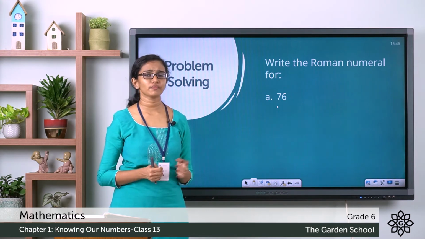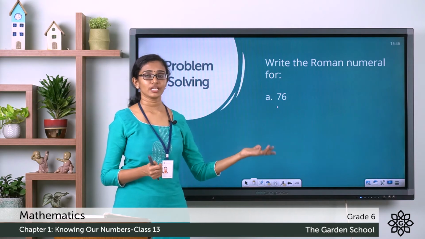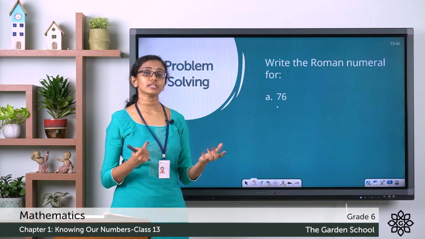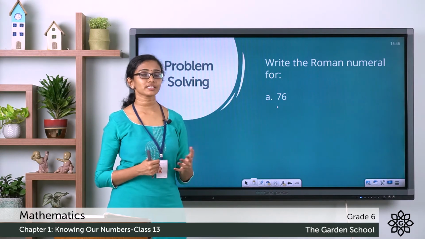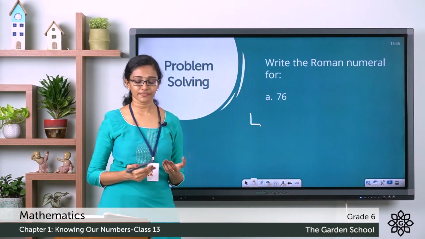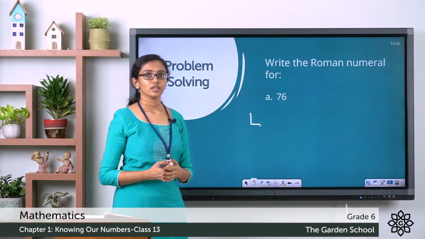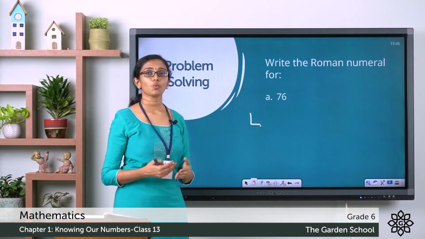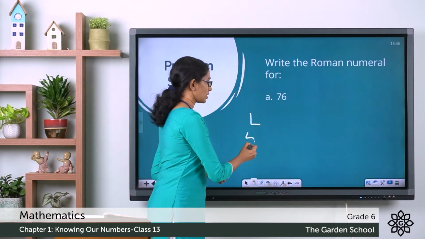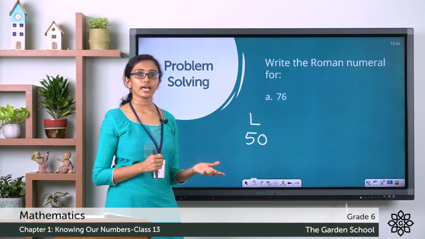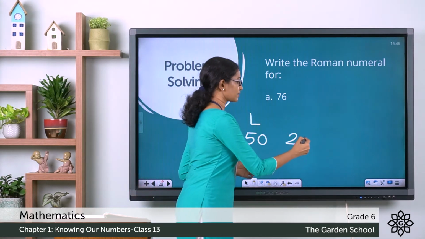Do we have a symbol for 70 or for 6? No. The closest value is 50. We have a symbol for 50. And what is that symbol? We have the symbol L, which represents a value equal to 50. Now, if we take away this 50 from the 76, what is left? Out of 76, we represented 50 with the letter L, and we have 26 left.